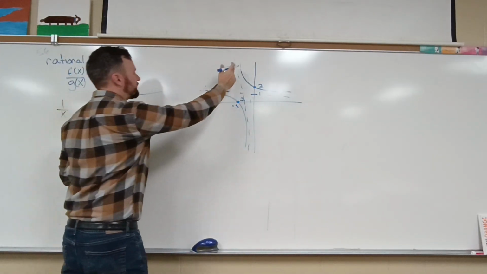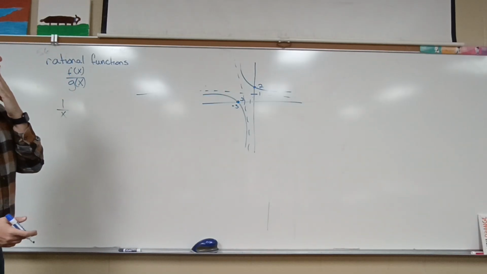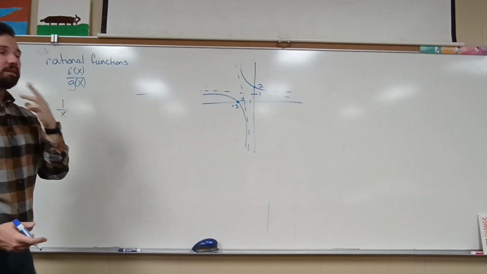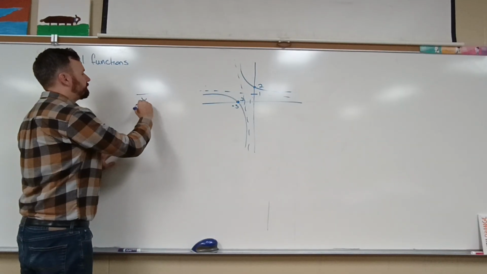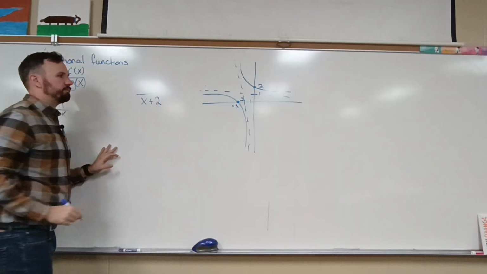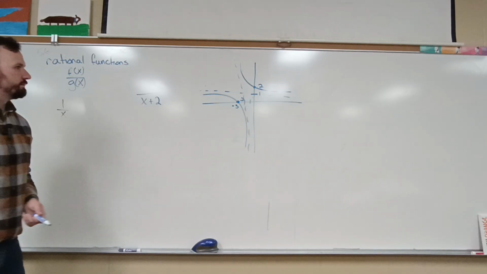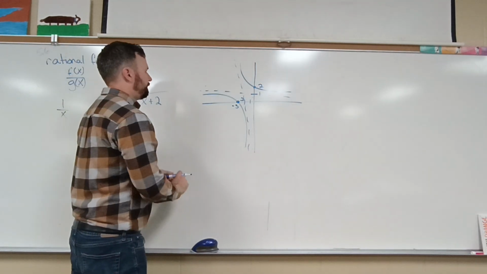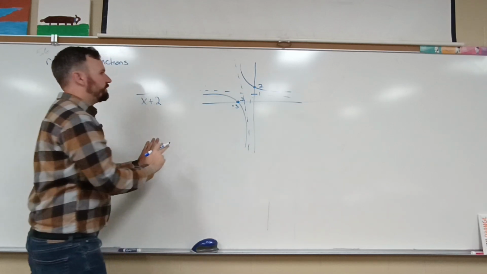What does the vertical asymptote tell me? That I have to have a 0 at -2 on the bottom, right? So the bottom has to have something with x plus 2, because there's a vertical asymptote there. Okay? Ooh, we could even do this.